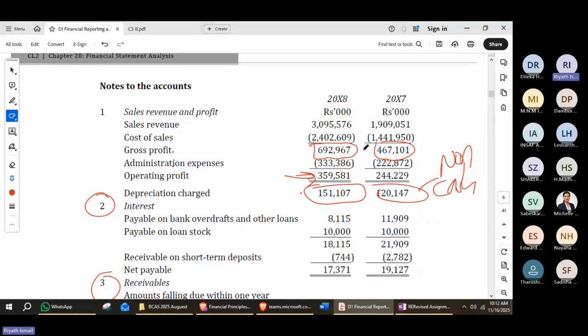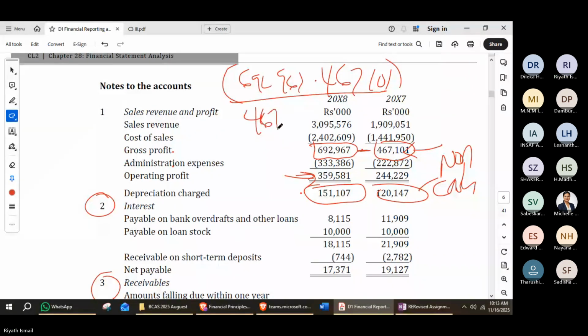First, we have to find the difference and the base value. So 692,967 minus 467,101, divided by the base value, 467,101, into 100.